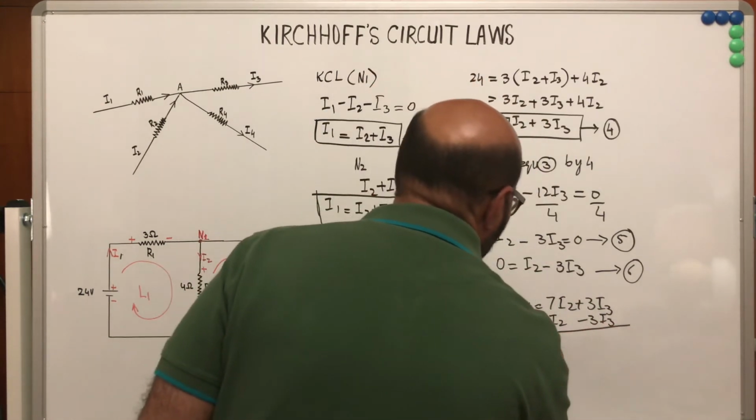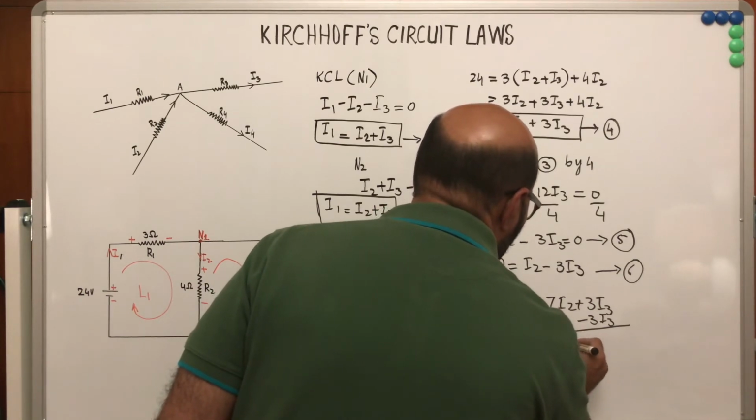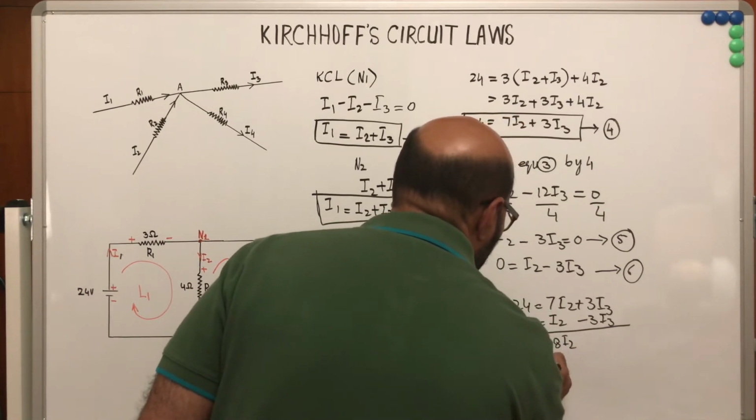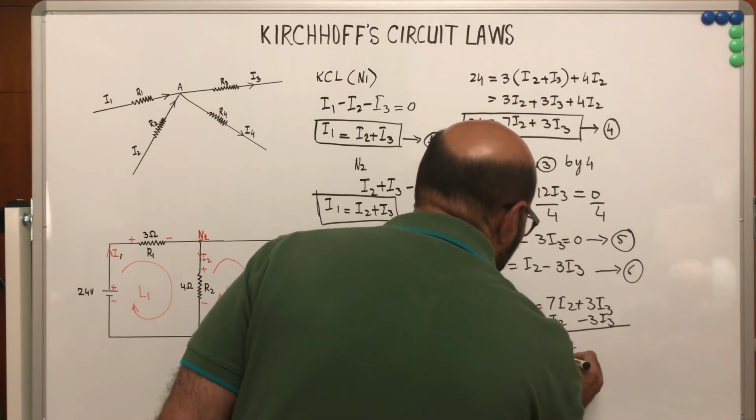So we have 24 is equal to 8I2 and I2 is equal to 3 ampere.